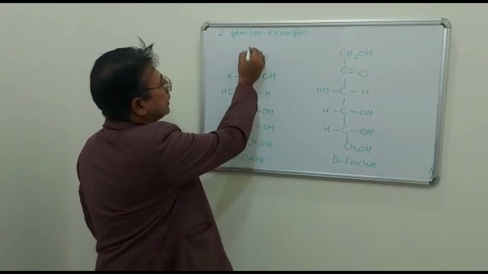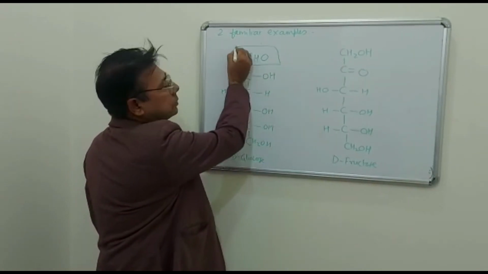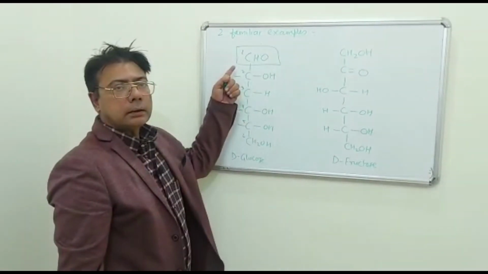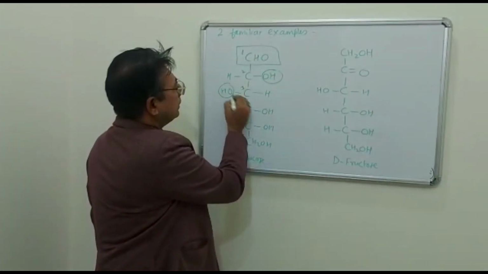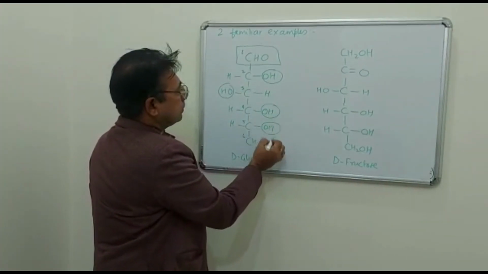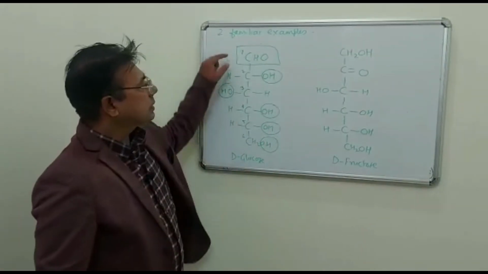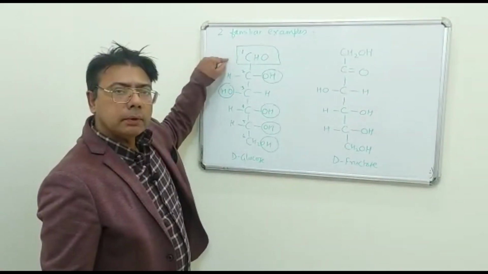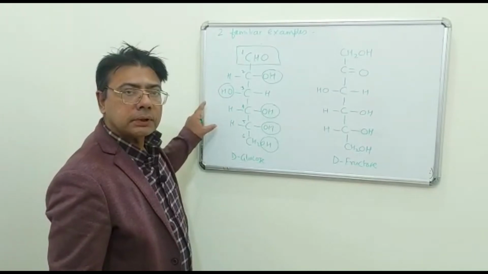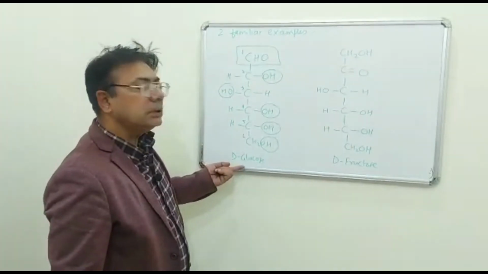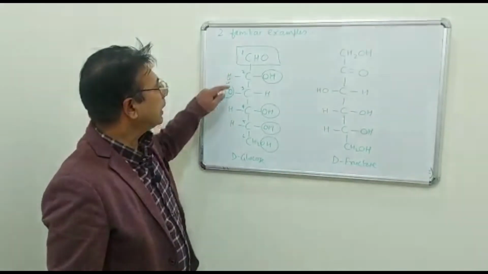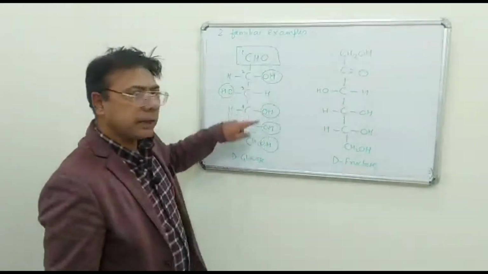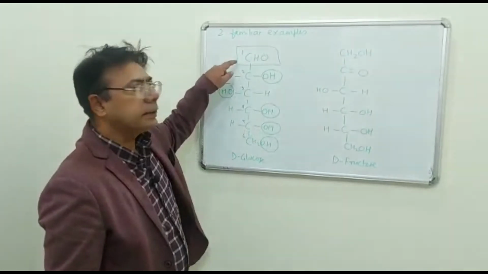And this is an aldose sugar because it has an aldehyde group, and besides there are 1, 2, 3, 4, 5 OH groups. So, this compound has one aldehyde group along with 5 OH groups, and this familiar compound is D-glucose. So, by definition it is polyhydroxy because it has 5 hydroxyl groups along with an aldehyde group.